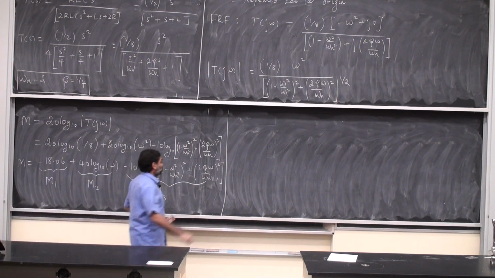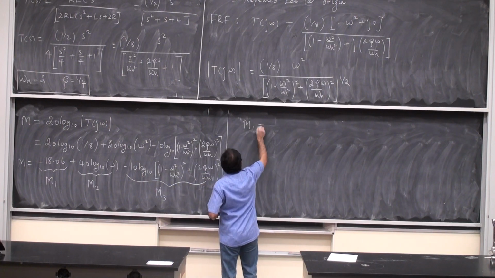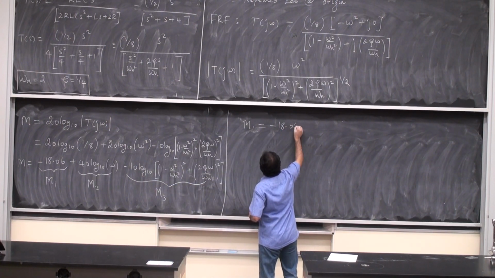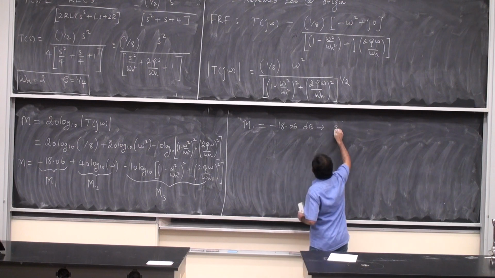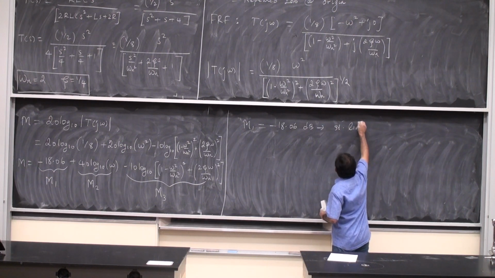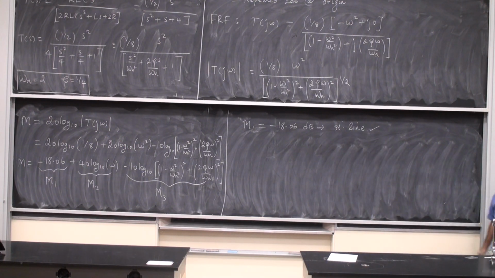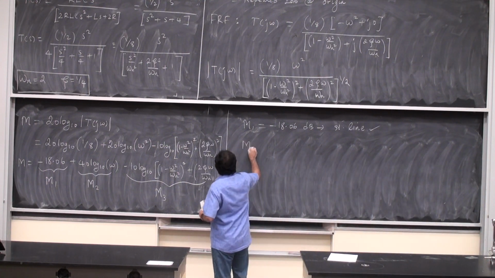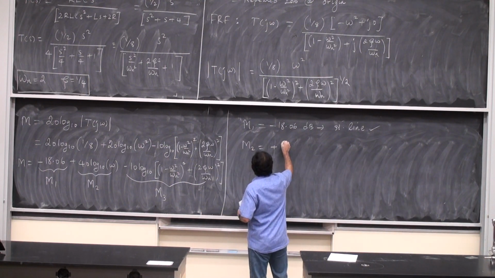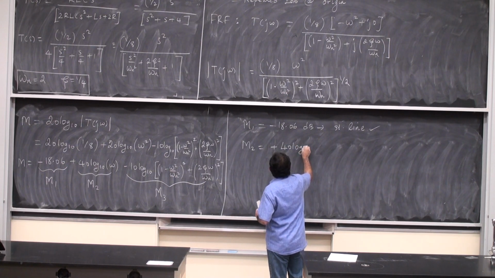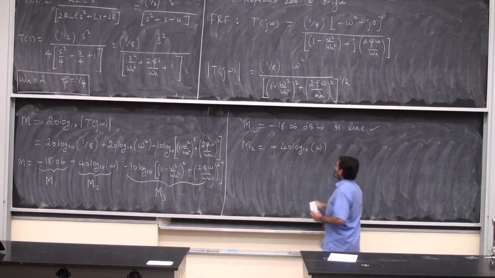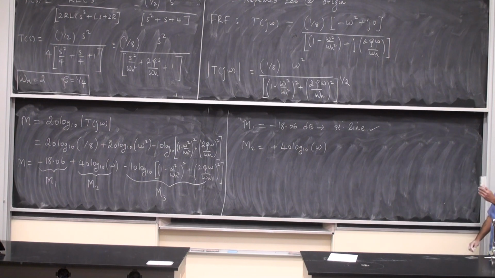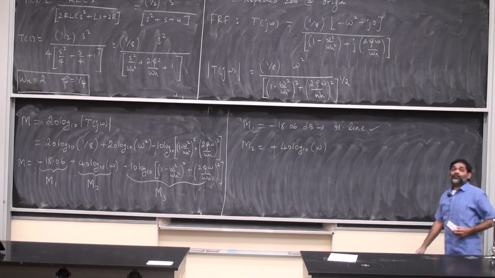Okay, so M1 is a straight line. Minus 18.06 decibels is a straight line, not much thinking involved there. Second thing is M2, which is plus 40 log 10 of omega. This is nothing but a straight line, obviously on the log plot. It increases by 40 decibels for every decade of omega.